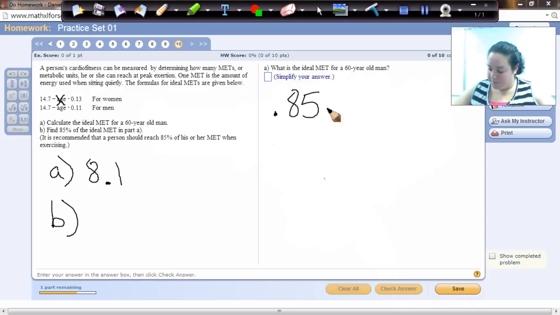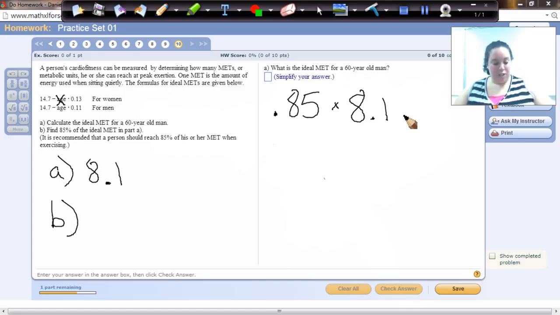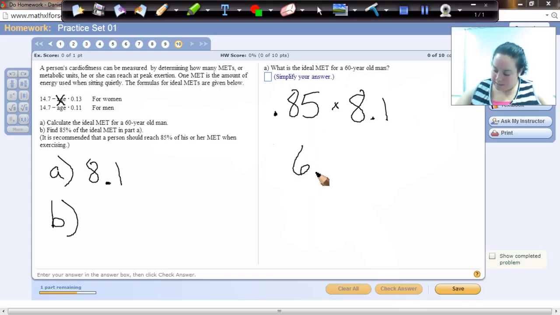Of is times the ideal MET in part A. What was the ideal MET in part A? 8.1. So we get 0.85 times 8.1. And that will work just like a proportion. It's actually the same thing, just a different way of thinking about it. Great. So we multiply these together, 6.885.